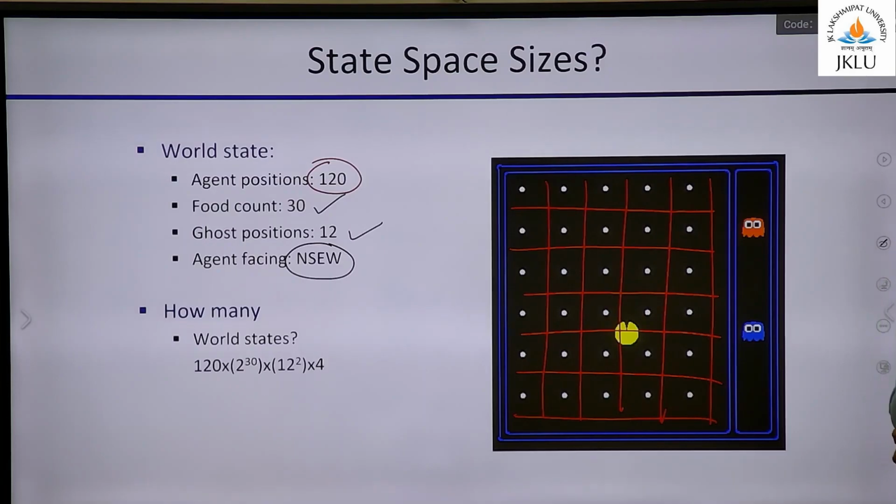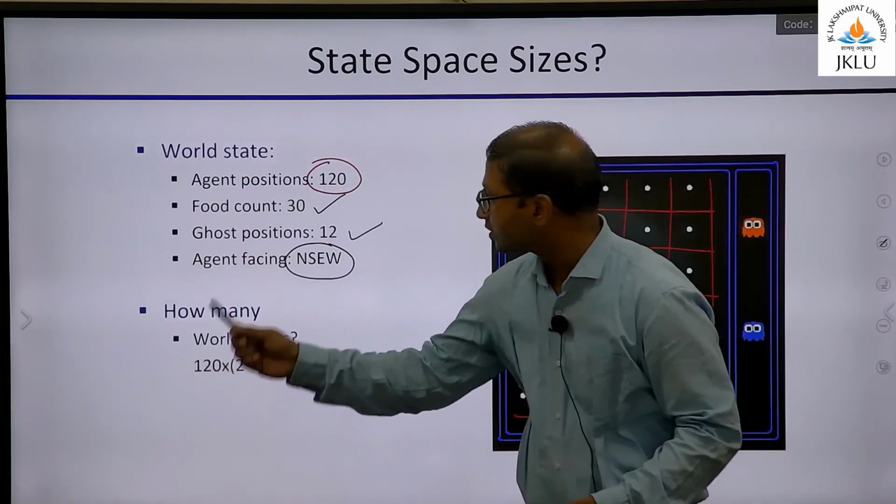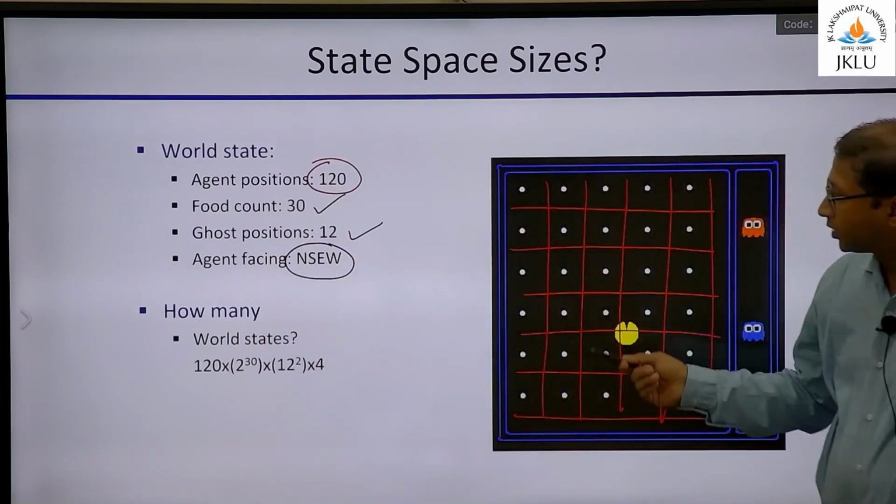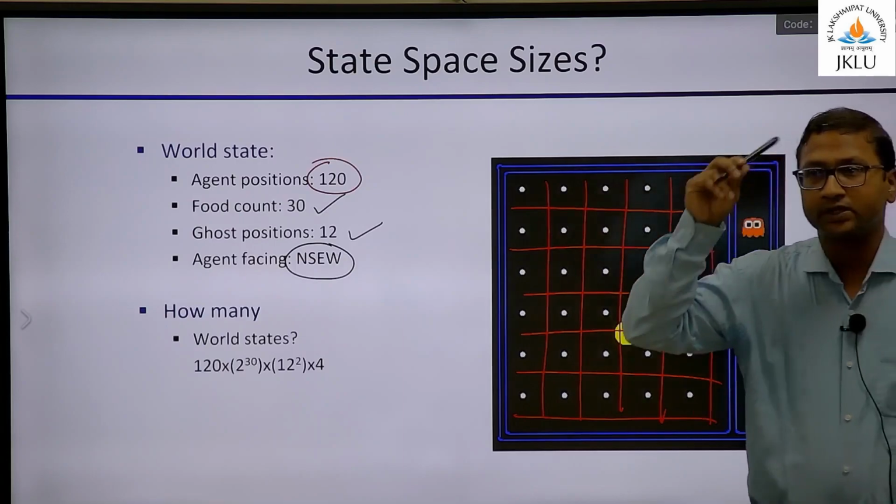And my first question will be, why multiply them? Right. So 120 comes because of this. We have that 30. And why 2 to the power 30?